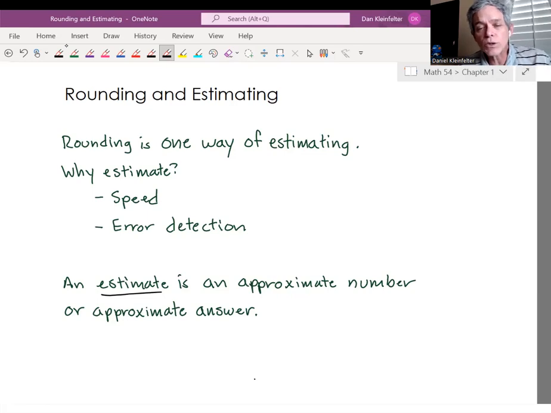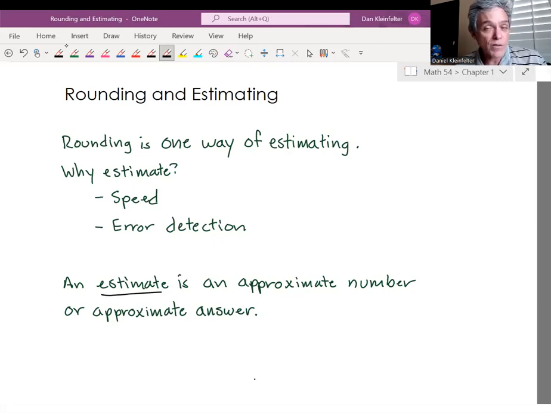If you're going to go to the grocery store, let's say, and you're going to buy 3 cans of tuna at $1.19 each, and you have a $10 bill, will that be enough? Yeah, pretty easy to see that that's going to be enough. If you had a $5 bill, that takes a little more thinking, but yeah, that one should also be okay. There, we don't need to know the exact answer in order to know just the answer to the question, yes or no, will it be enough or not.